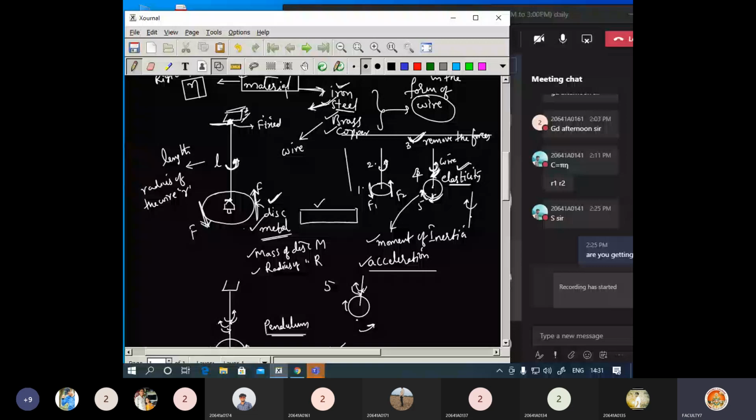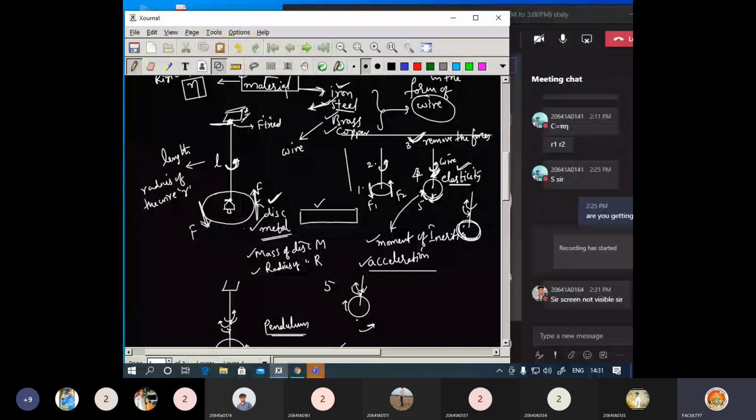Again the material will try to come back to the equilibrium position, and the same process is repeated. This process will continue, and as a result, what are you expecting?